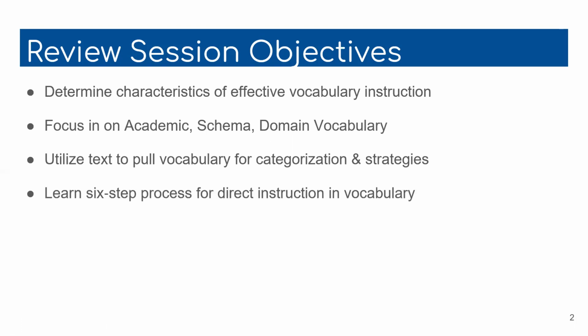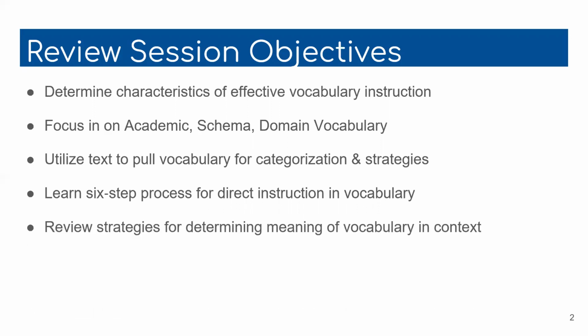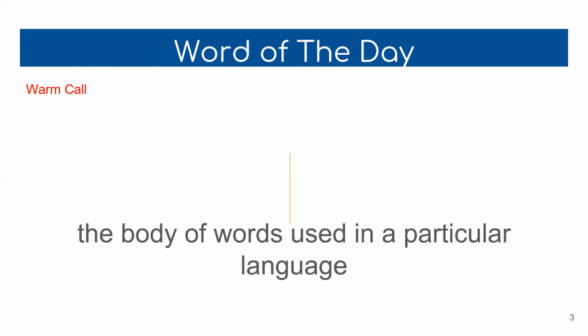And we'll learn a 6-step process provided to us from Marzano, as well as a 7-step process from Calderon for the use of teaching vocabulary. And we will review strategies for determining meaning of vocabulary within context.